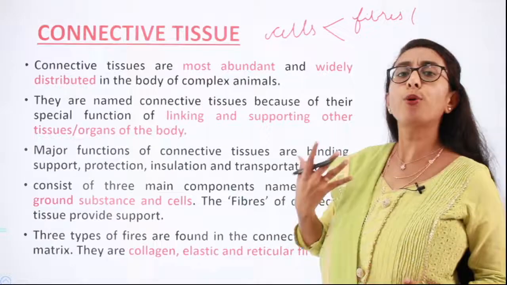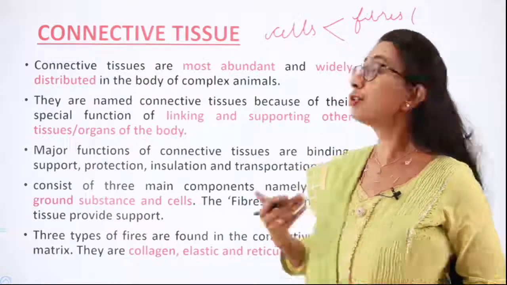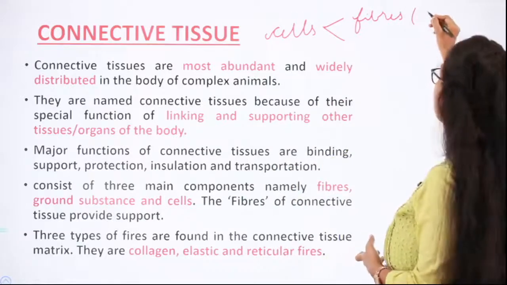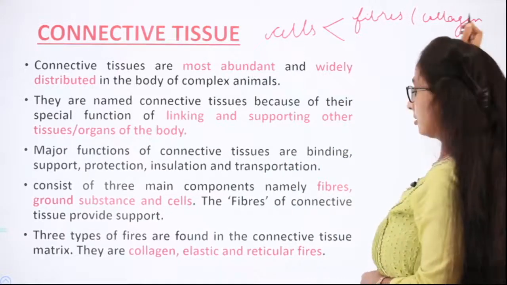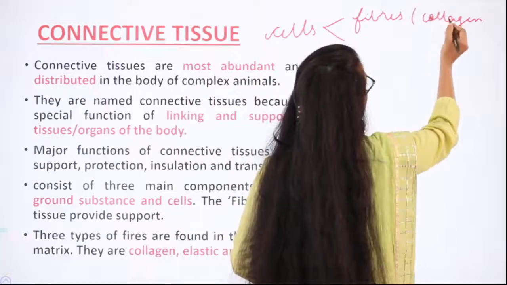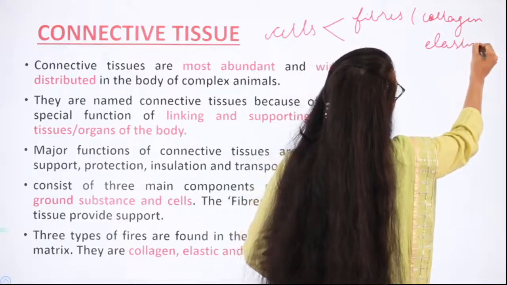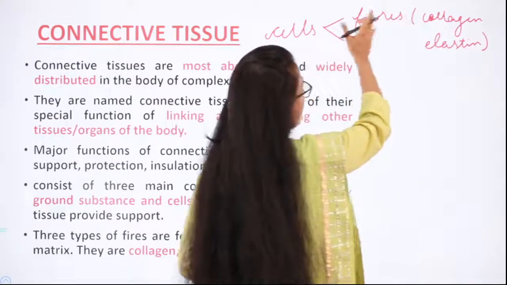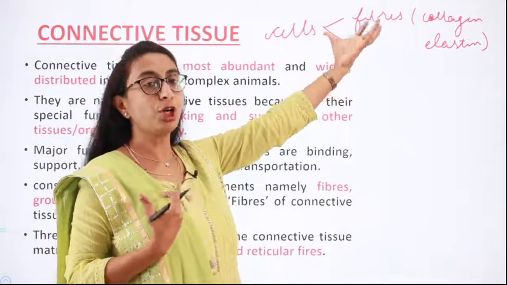Fibers are nothing but proteins, isn't it? Proteins like collagen and elastin. These are secreted by the cells and they are fibers in nature. That's why we call them fibers.